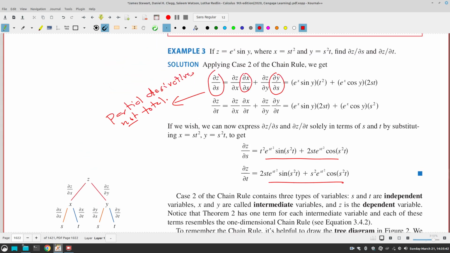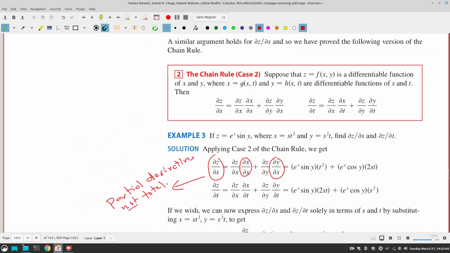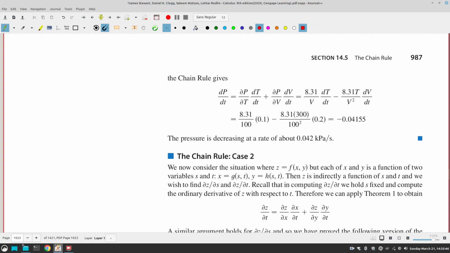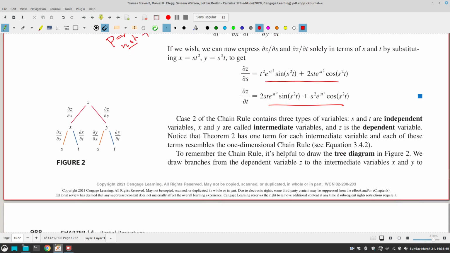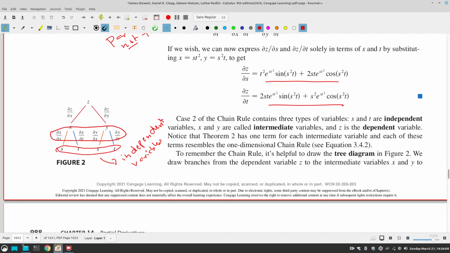Your independent variables are of course s and t, right? So at the bottom of this chain, you get your independent variables. These are your independent variables, and these are your x and y, just x and y.